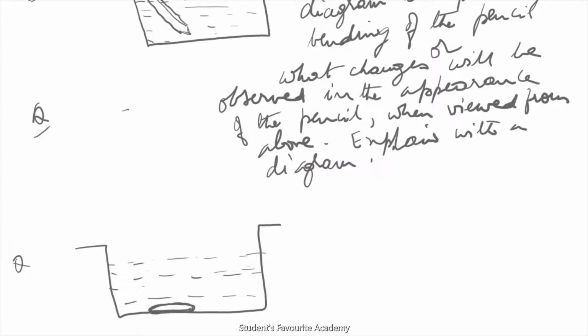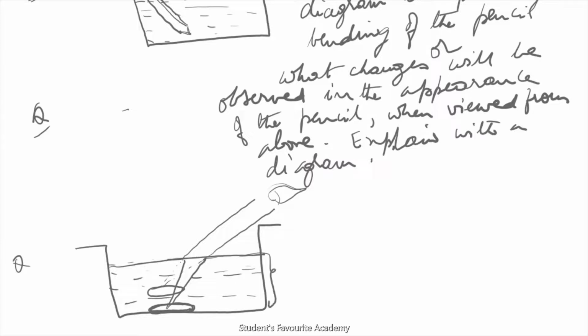So again, two light rays reach the surface. Since they are going from denser to rarer, both will get bent away from the normal. Now if you are viewing from here, the coin will appear somewhere here, the virtual image of the coin. So for you, the vessel looks lesser in depth, isn't it?